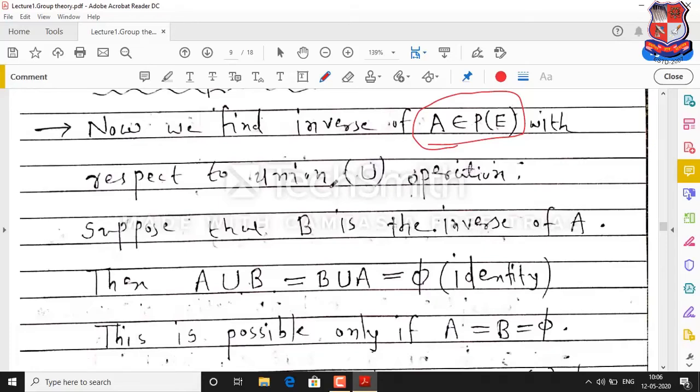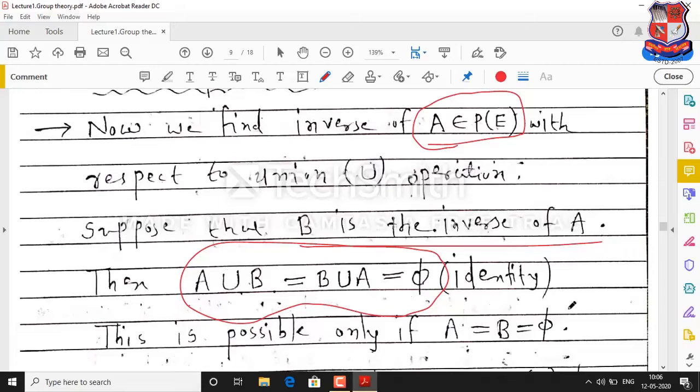So we start by assuming that this set has an inverse in the power set of E, then by definition of inverse we must have the union of A and B equal to the identity element, which is the empty set.